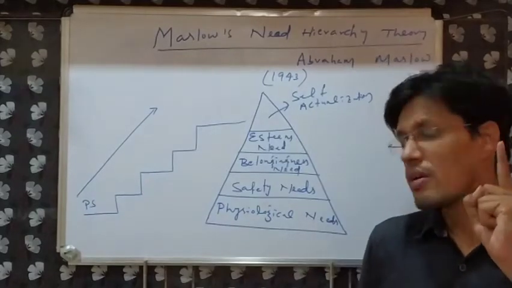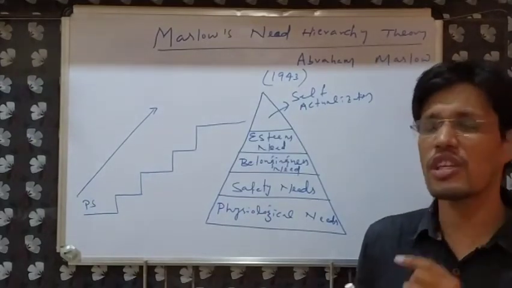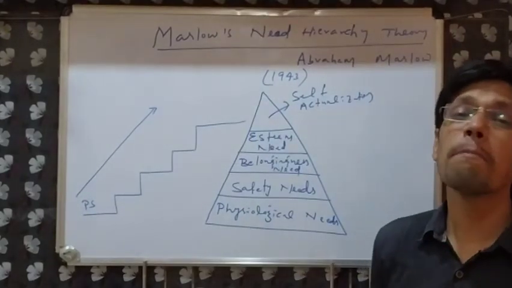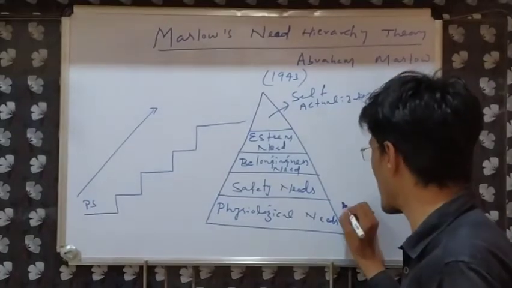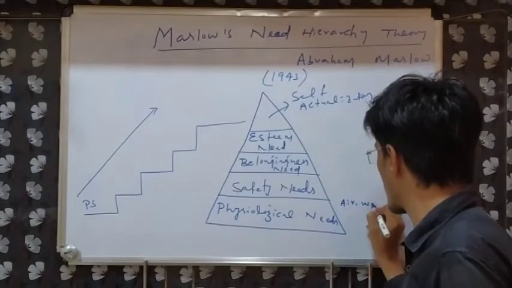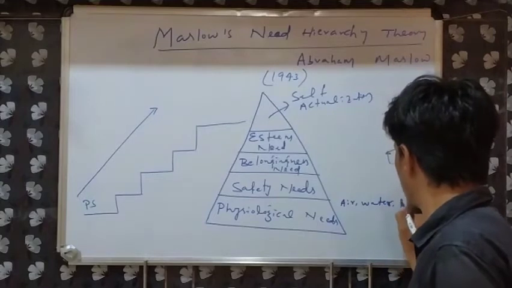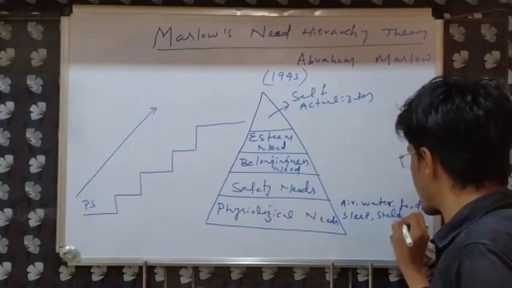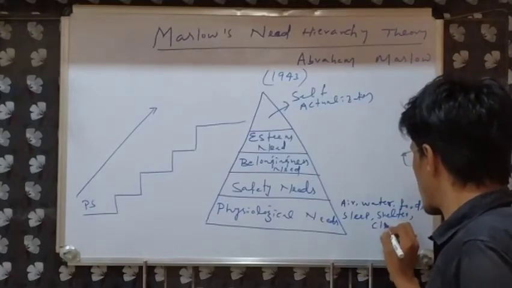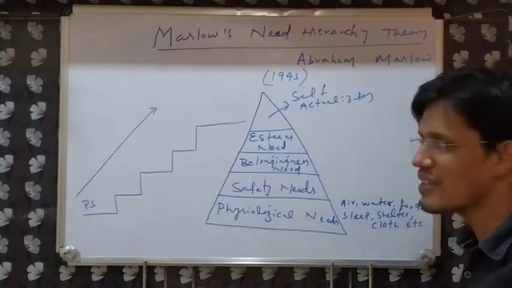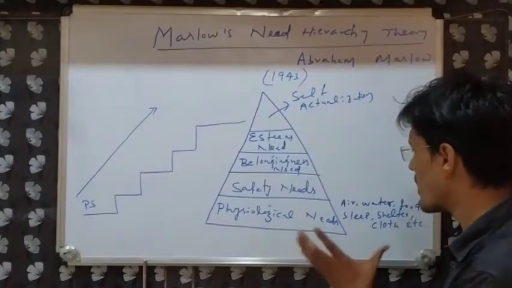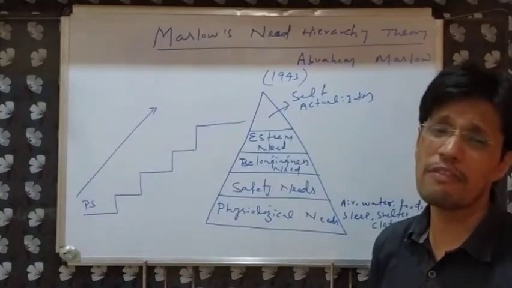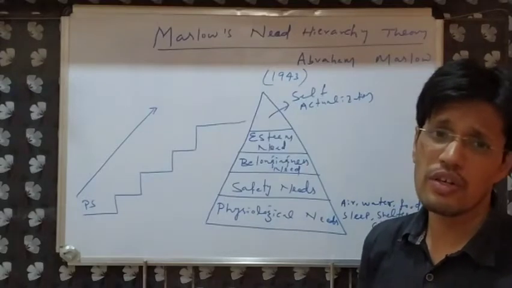So Professor Abraham Maslow suggested that every individual should start with achieving the basic needs, and the needs are what I have told: air, water, food, sleep, shelter, cloth, etc. Every individual tries to achieve these basic needs first so that he can live a normal life.